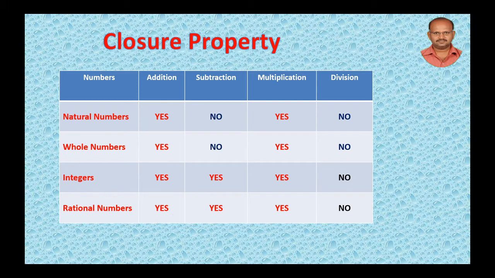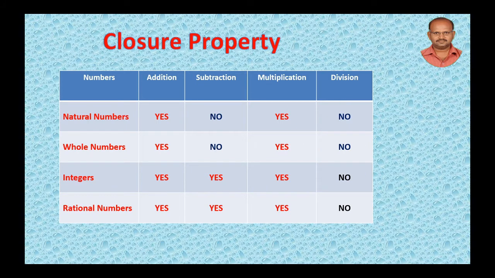In addition, natural numbers, whole numbers, integers and rational numbers satisfy the closure property rule. In multiplication also, natural numbers, whole numbers, integers and rational numbers all satisfy the rule of closure property.